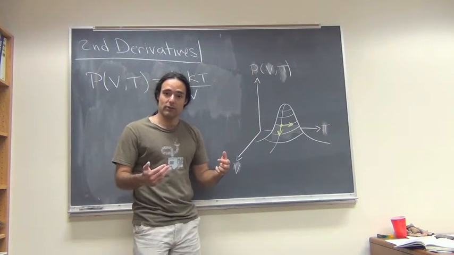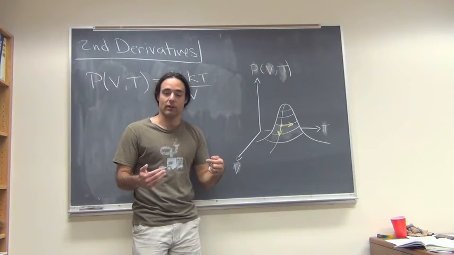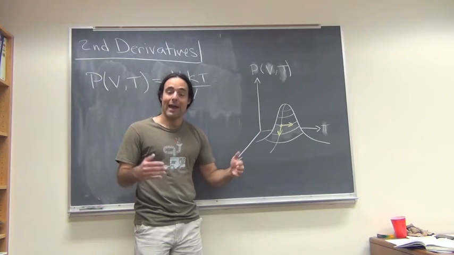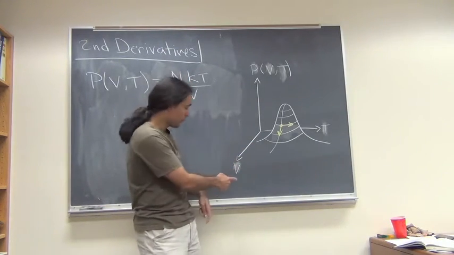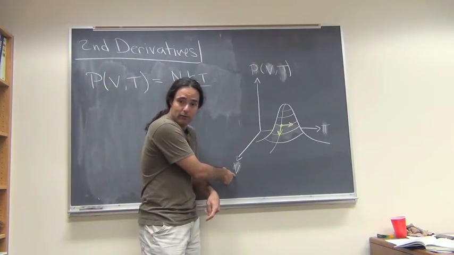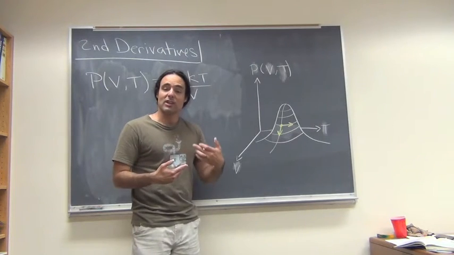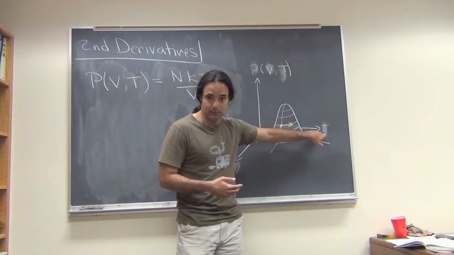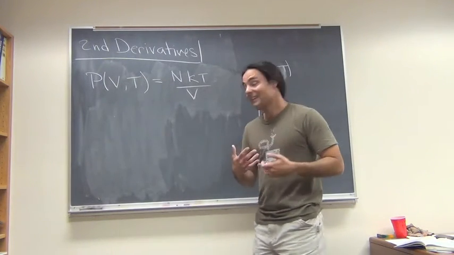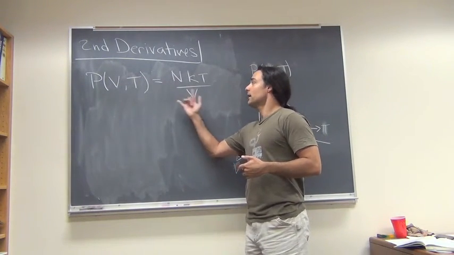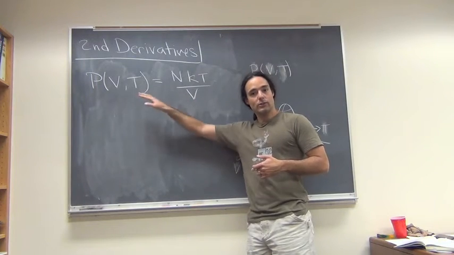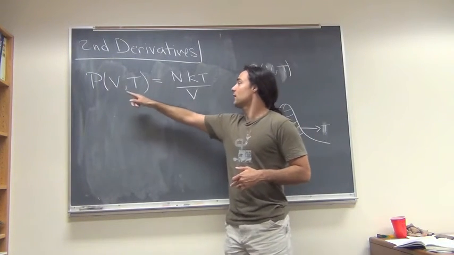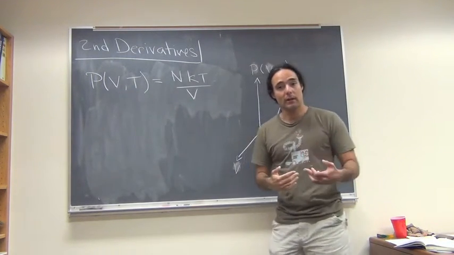If I have a gas, and I want to know the pressure of that gas, it will depend on how much I have compressed my container, so it'll depend on the volume of the container. And it will depend on how much I've heated that container up. So it must depend on the temperature of the container. If it's an ideal gas, all I'm doing is solving my ideal gas equation for pressure, and then we can say that the pressure is a function of the volume and the temperature.